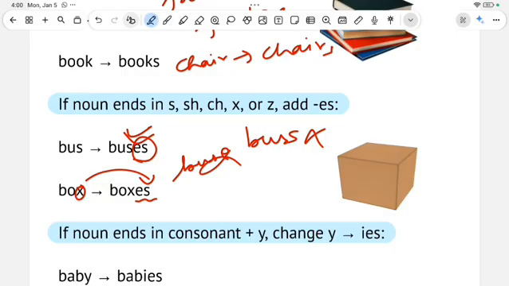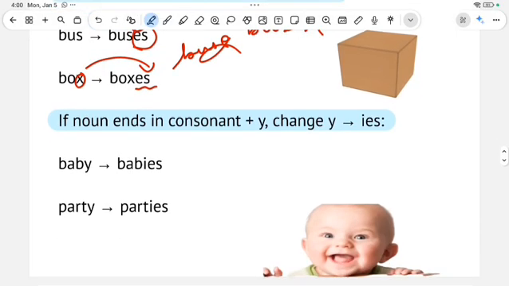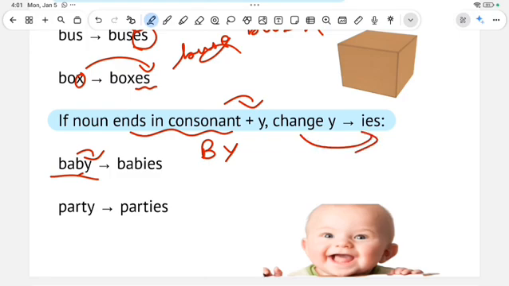Now let's move towards our third rule, that is if the noun ends in a consonant plus y. The rule is, for instance, if the last letter before y is a consonant, like b and then y, it will change into ies. Here you can see baby will become babies.